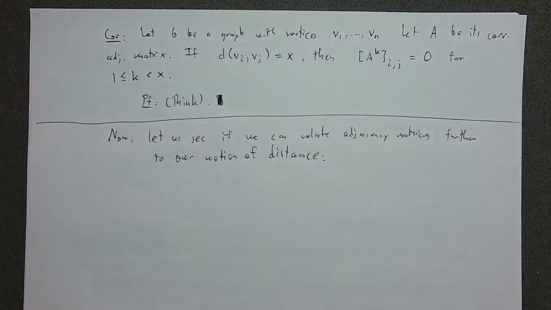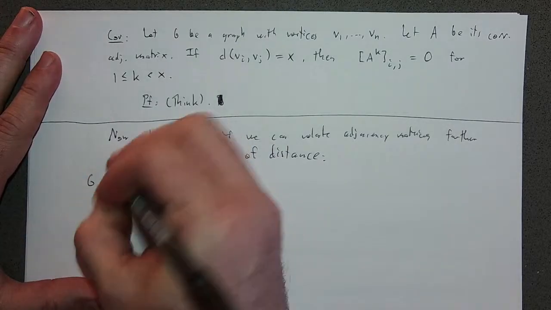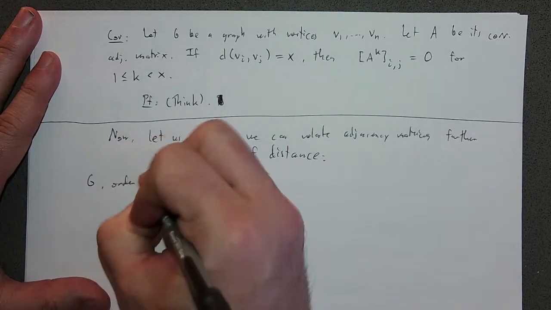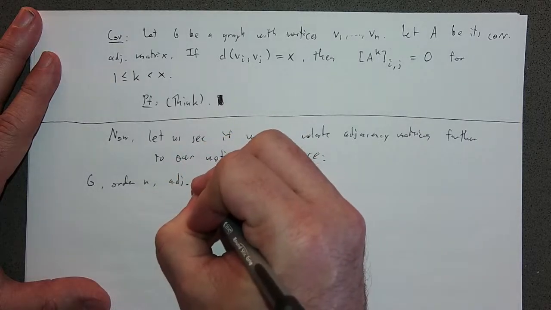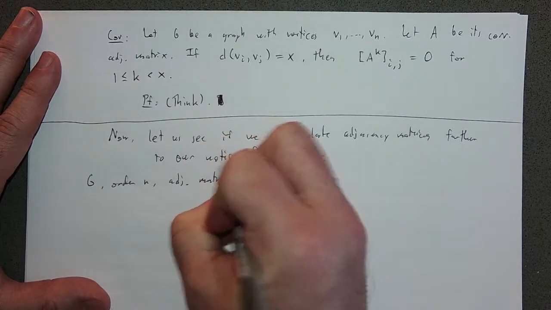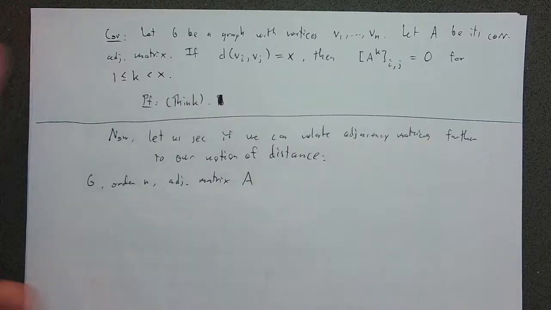So what is the idea here? So again, we have graph G, order n, adjacency matrix A. If I just start writing G, n, and A, that's what I mean. So maybe I don't explicitly state these things, but unless otherwise specified, that's what I'm talking about here.